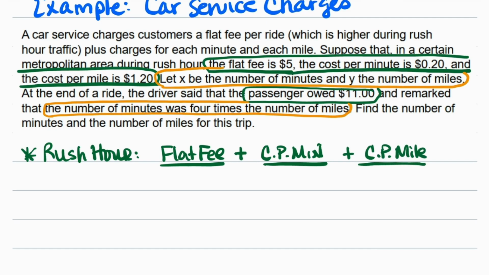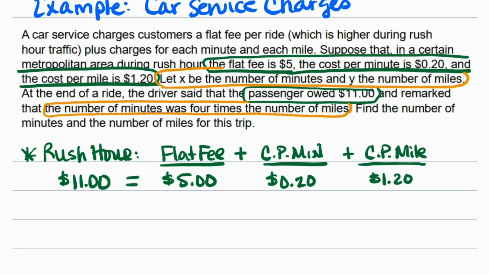They said he was owed $11, so that was the total cost, and then $5 for the fee, the cost per minute was 20 cents, and the cost per mile was $1.20. Let X be the number of minutes and Y the number of miles. So that forms our first equation.